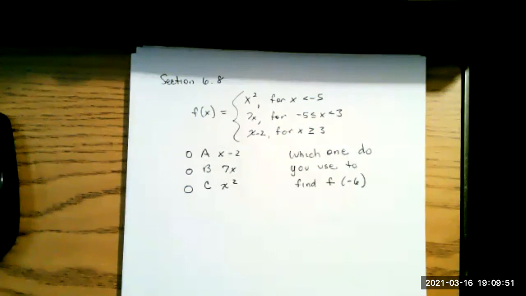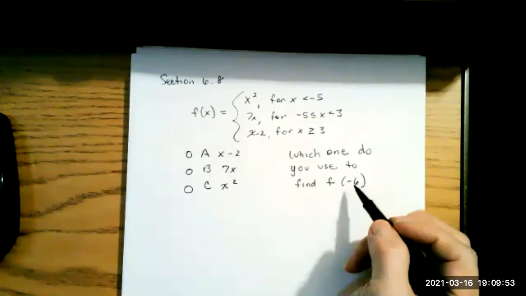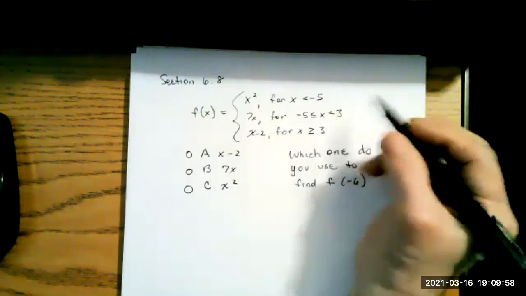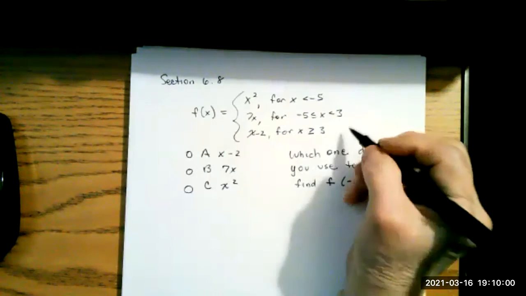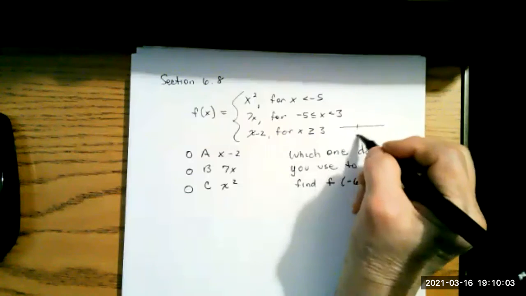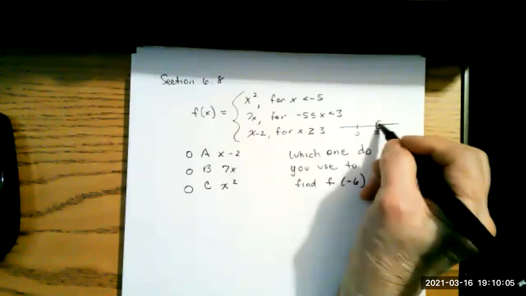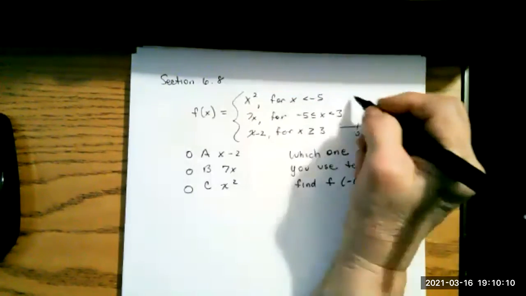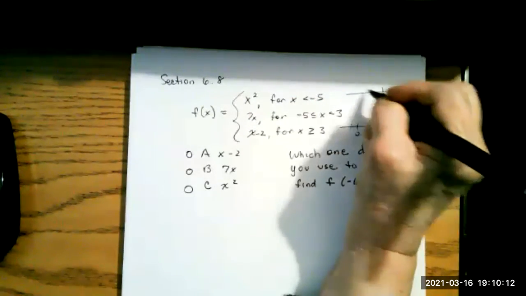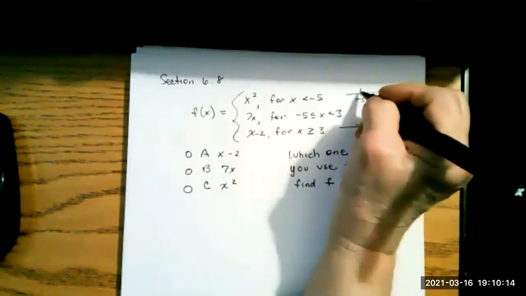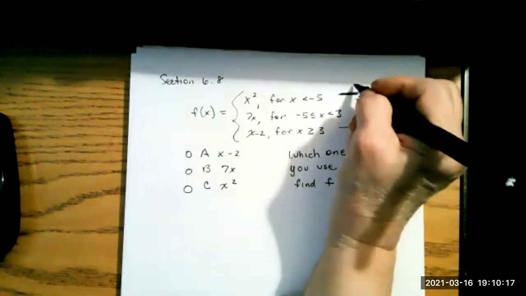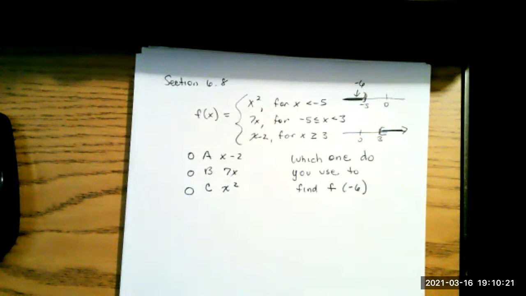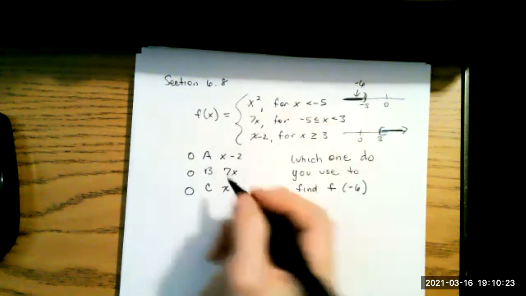X minus 2. Okay, why did you pick x minus 2? Because that's for greater than 3. And you want, oh, sorry. Yeah, that's right. Okay, here's the 3, and that greater than 3 would be that way. Really, it's this one because that's where your -6 is, isn't it? Isn't -6 this way? -6 would be right there. So it's this one you want. So you want the x squared.